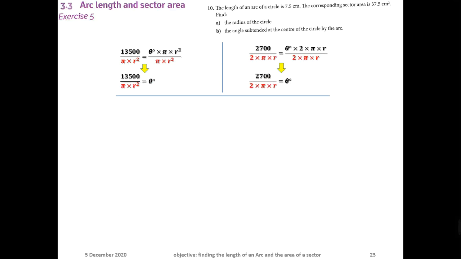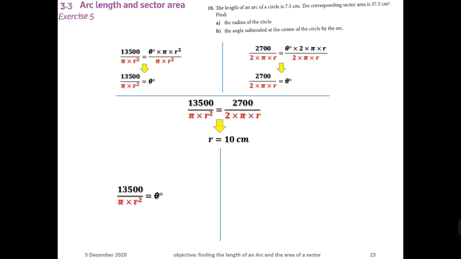Since we found r, we can then substitute r in one of the expressions of theta in order to calculate the angle. The first expression states that theta is equal to 13,500 over pi r squared, and r we found as 10.